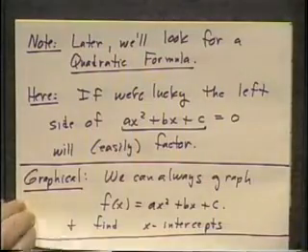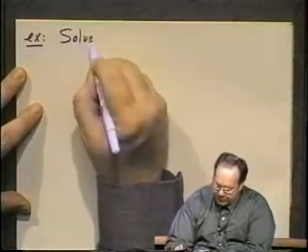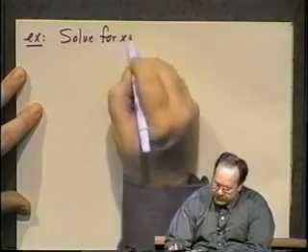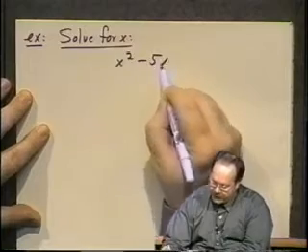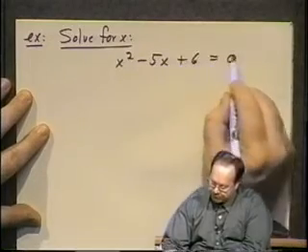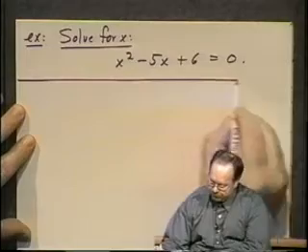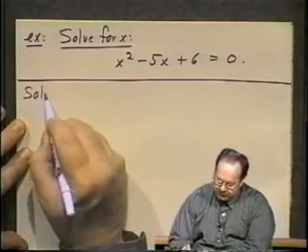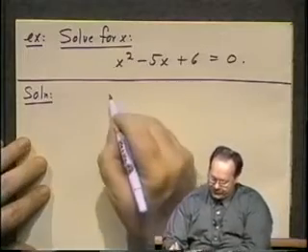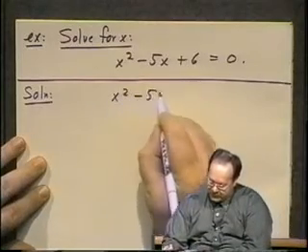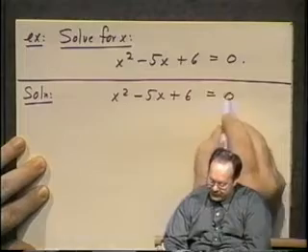Let's start looking at examples. Now remember, we're not doing anything with what's called a quadratic formula yet. Solve for x, as usual here. And I'll take x squared minus 5x plus 6 equals 0. Solution: we will be lucky. And we are lucky.